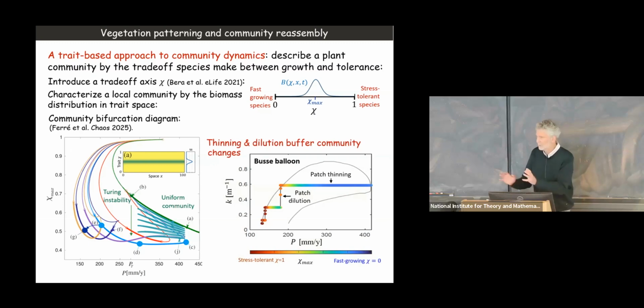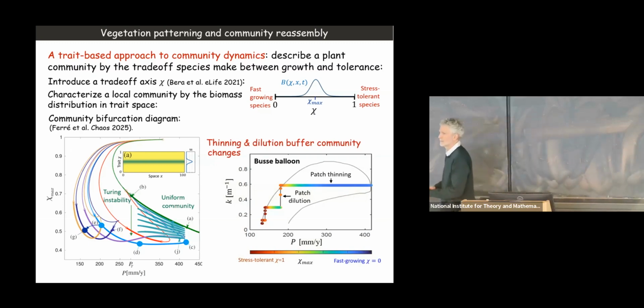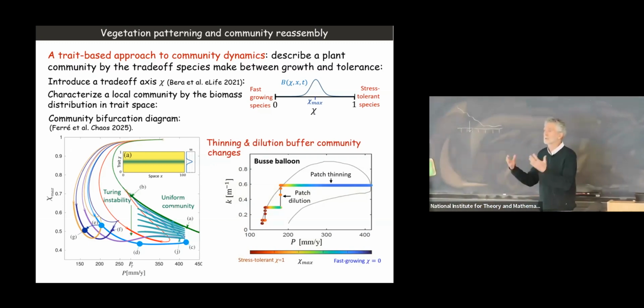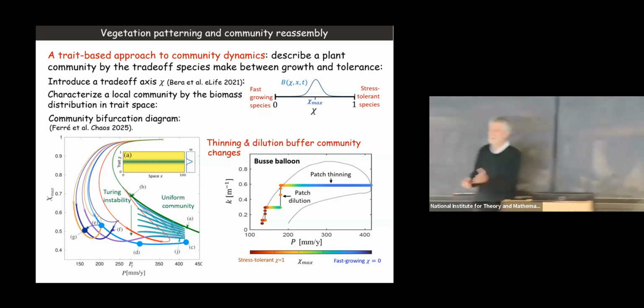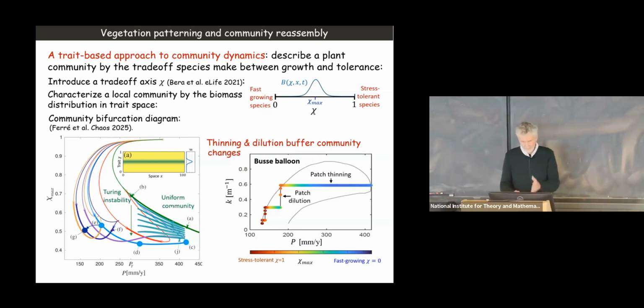A nice way to look at it is to calculate the trajectories in the Busse balloon. The Busse balloon is a plane spanned by the parameter and wave number, and it contains all the stable patterns with all wave numbers. Here we encoded the community by the color of the trajectory: blue is fast growing and red is stress tolerant.